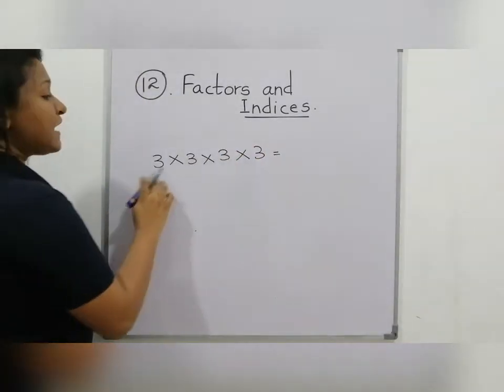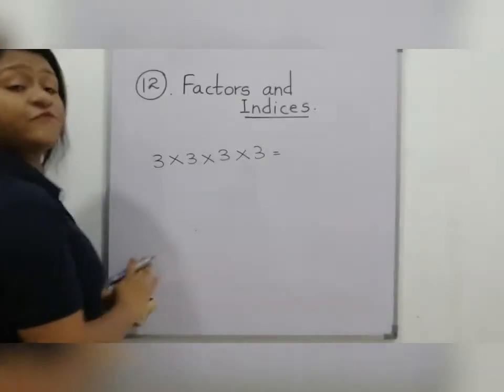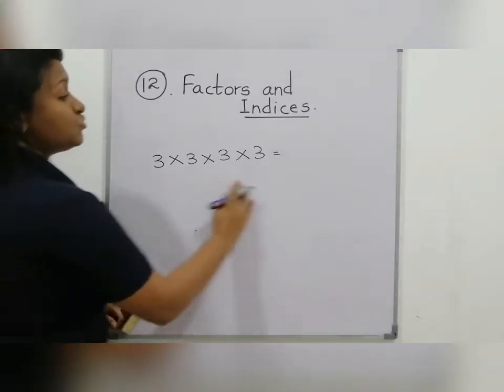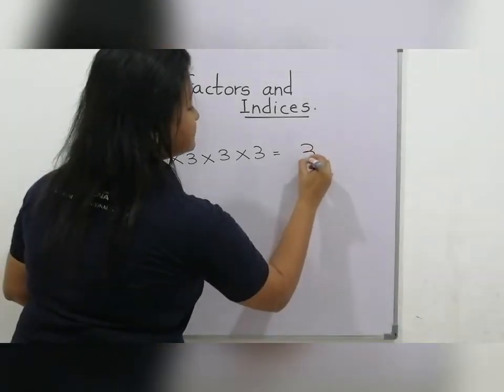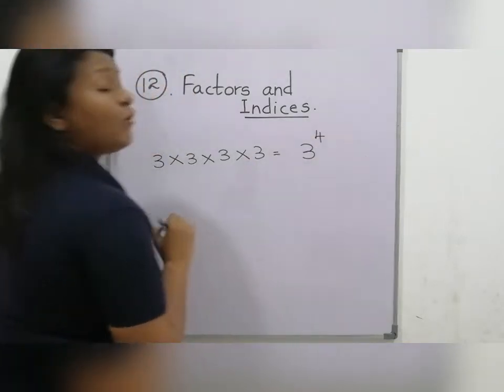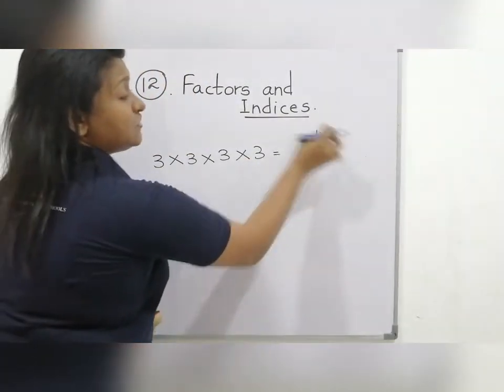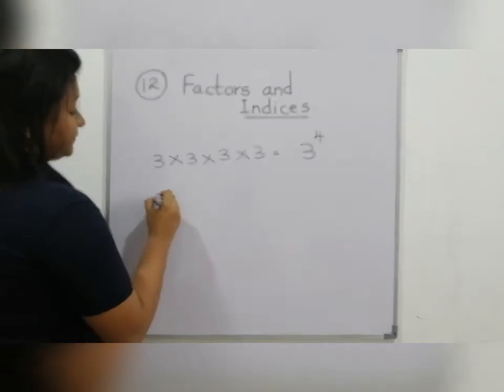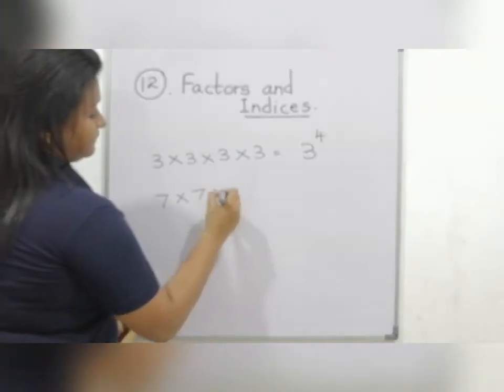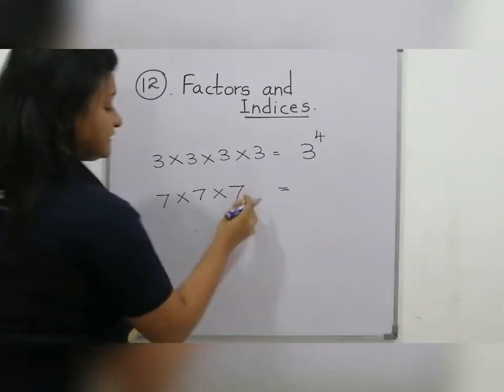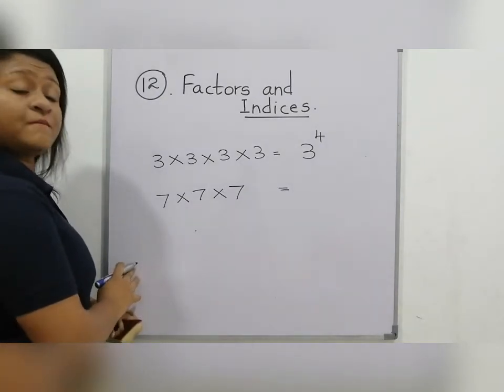How can we write this in index form? You can write this as 3 to the power of 4. How can you write this in index form?